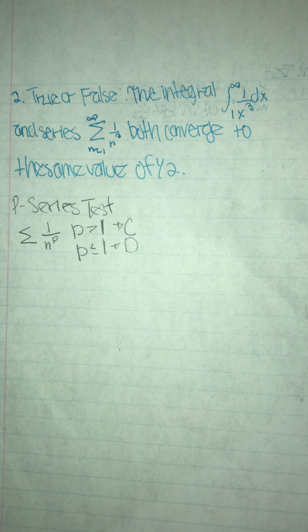And it was also similar to the other test that I mentioned in the first question, that if the series converges, then the integral also converges, and if the series diverges, the integral also diverges.